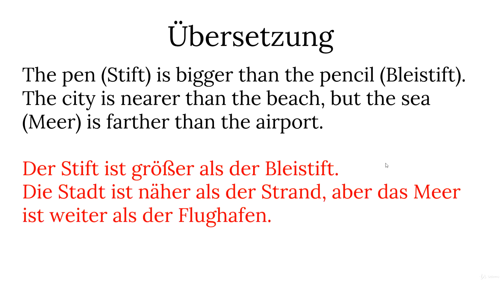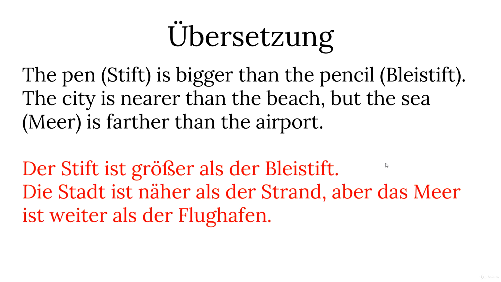So let's see. Der Stift ist größer als der Bleistift. The adjective big means groß, and when you say bigger, you say größer. The second sentence. Die Stadt ist näher als der Strand.